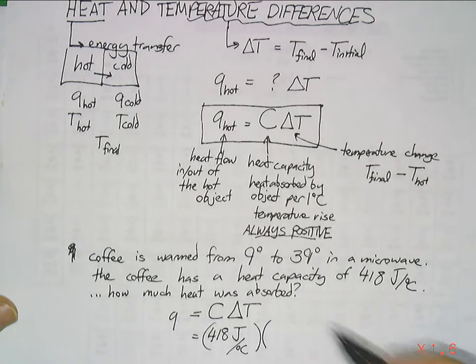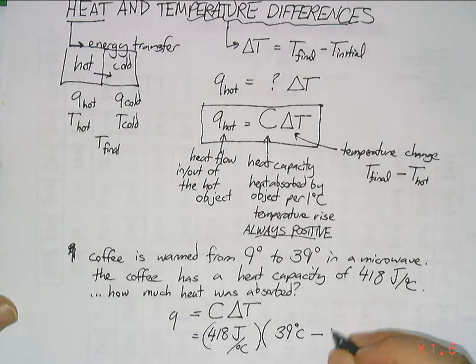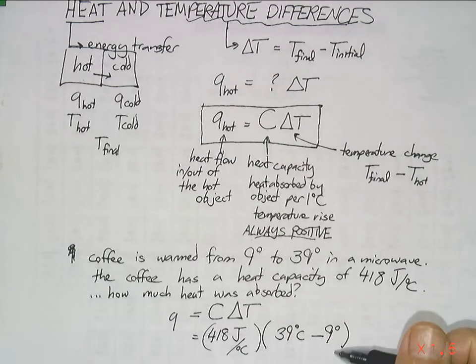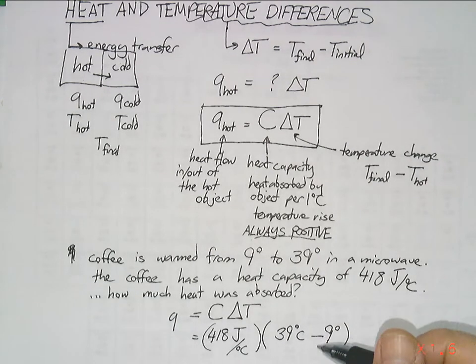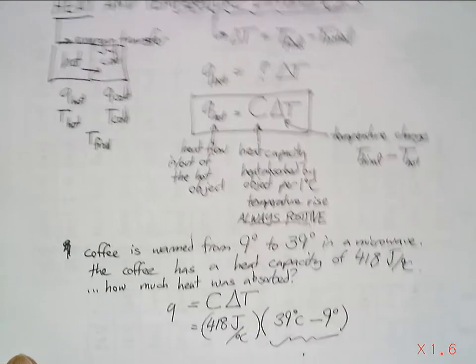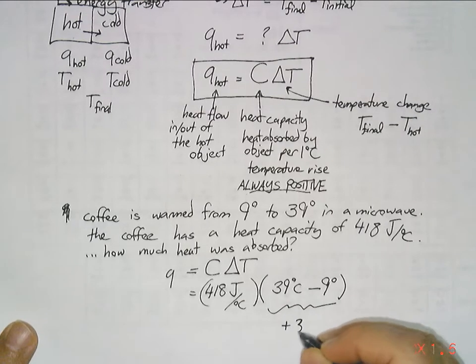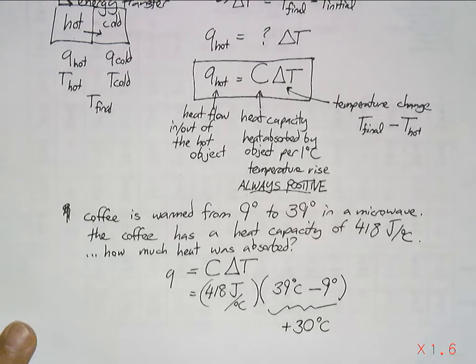And the final temperature is 39 degrees, and the initial temperature is 9 degrees. So the temperature has risen, and you're going to see a positive sign on this. So this is not just 30 as the difference, but plus 30. It went up by 30 degrees.